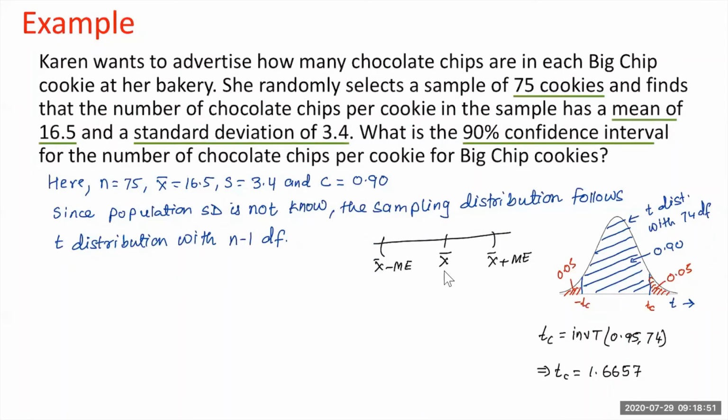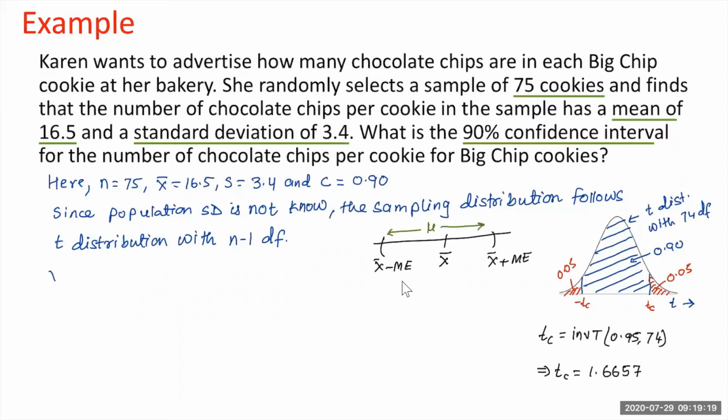By doing that, with 90% confidence, we can say that the true mean lies in this range. So I need the point estimate and the margin of error, and we are going to find those two values now.